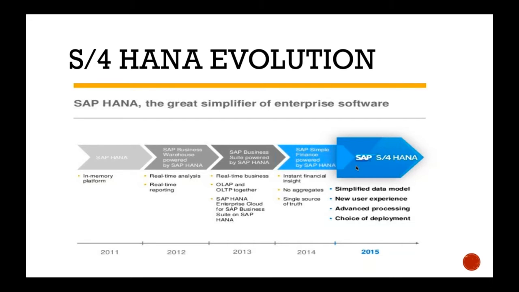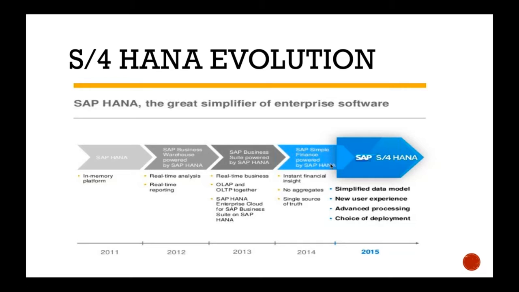1511. After 1511, the next year, 1610: 2016, month October. Then 1709: 2017, 9th month. And the latest one available today is 1809, which is 2018, 9th month. Now if you ask me what is the difference between 1511, 1610, 1709, 1809, just understand this.